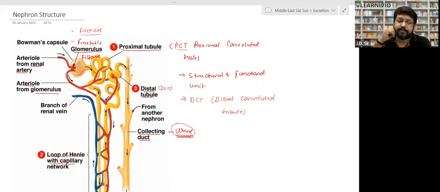When filtrate passes through PCT, loop of Henle, and DCT, the important substances are taken back.